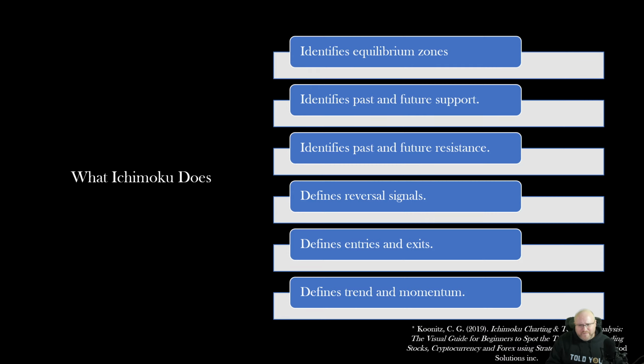The wave principle is very similar to Elliott theory. The time principle has a lot of similarities to Gann's work. It's interesting that Hosoda created these concepts without, I'm assuming, ever meeting Gann or Elliott.